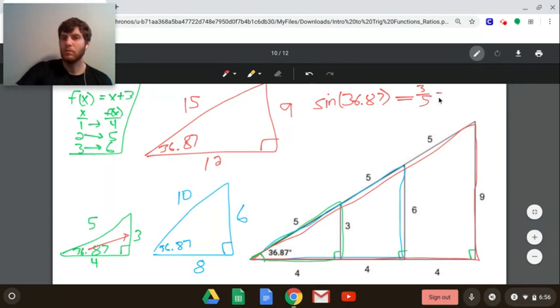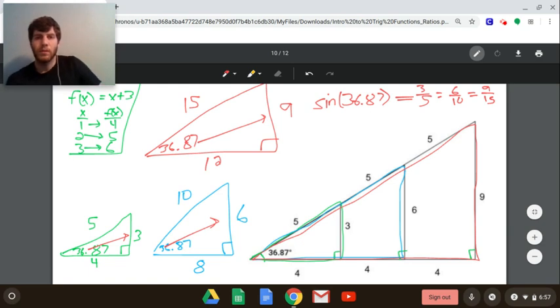Okay, we could also use the other triangles. Opposite is 6, hypotenuse is 10, or we could use the last one here. Opposite is 9, hypotenuse is 15. Okay. So the idea here, it doesn't matter what right triangle you have.